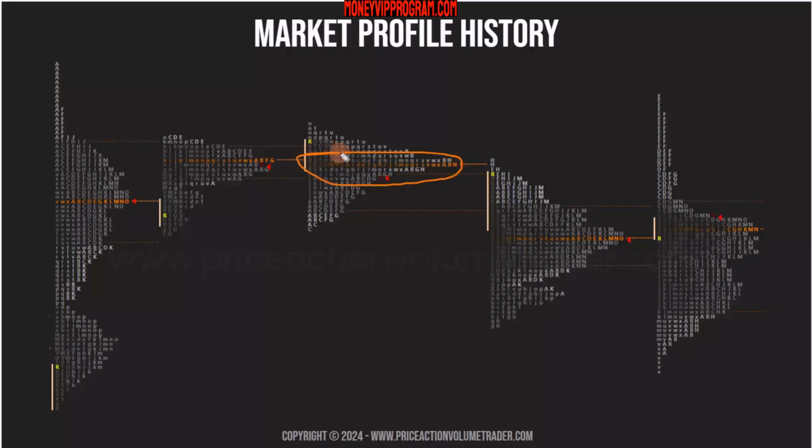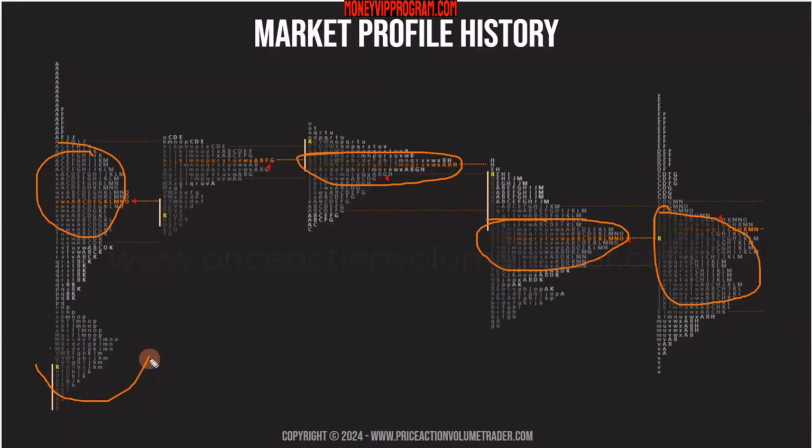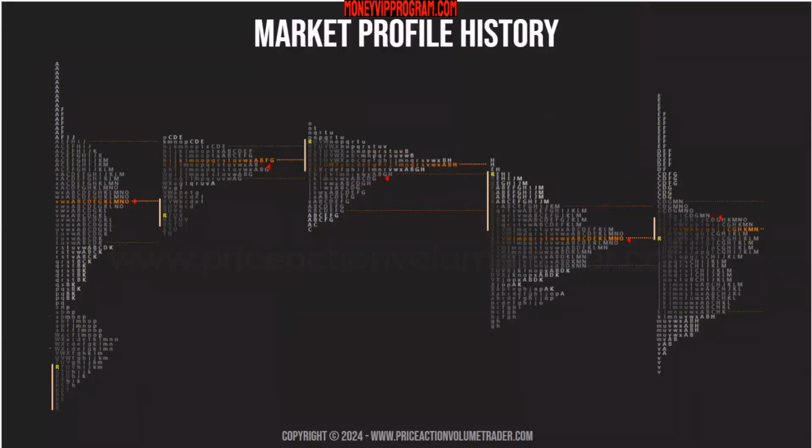For example, the most prominent areas are where buyers and sellers were more in agreement on prices. On lower prices, price was considered to be at a discount, and near the highs price is considered to be at a premium, or at a high value.